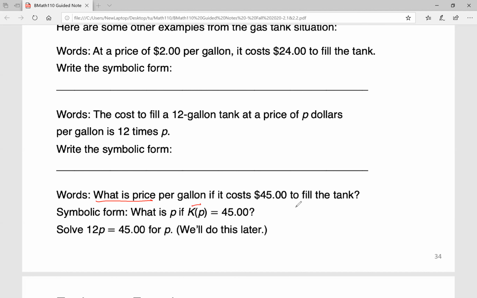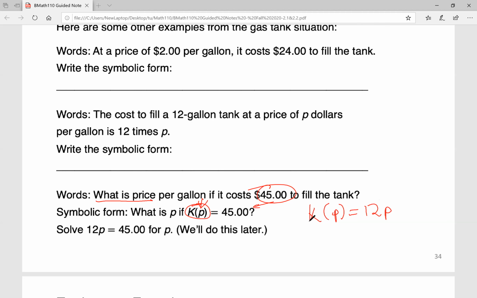So I'm gonna put K of P because you don't know the input yet, right? And then equal to $45, which is output. So you make them equal to each other, but you know that K of P equals 12P from the function.